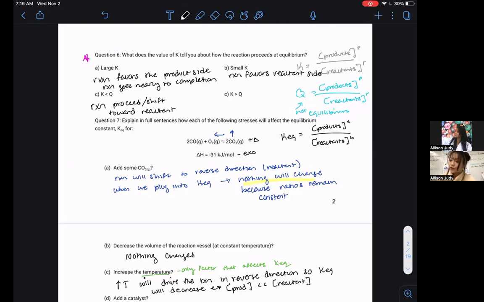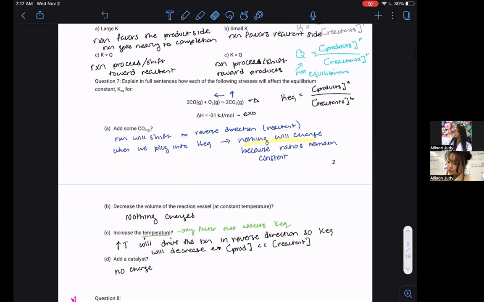On the other hand, if your Q is less than your K, that means that at equilibrium you have more product than what you currently have right now. So the reaction will proceed or shift toward products to restore or establish equilibrium. Okay, so that's the first one.